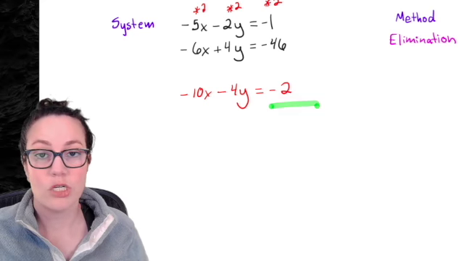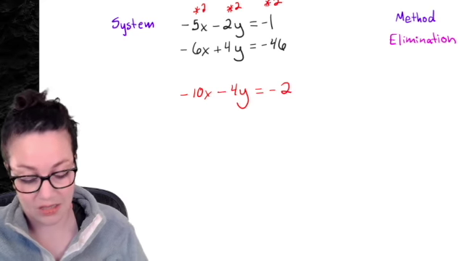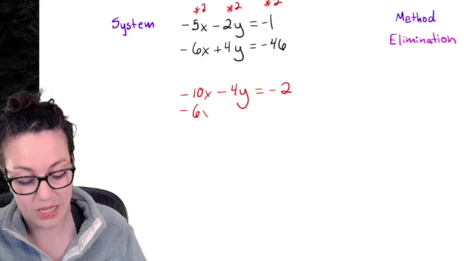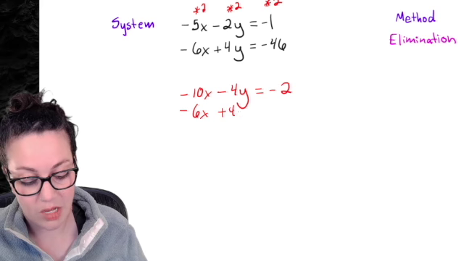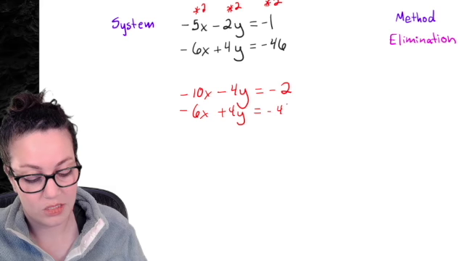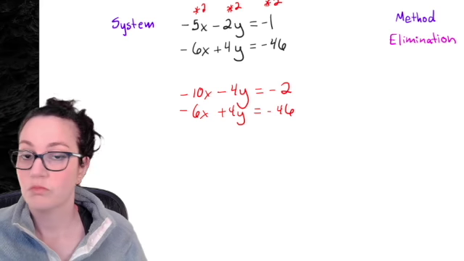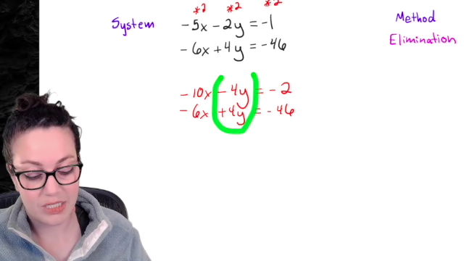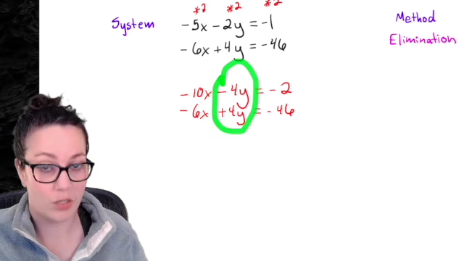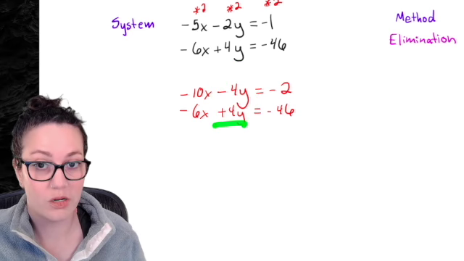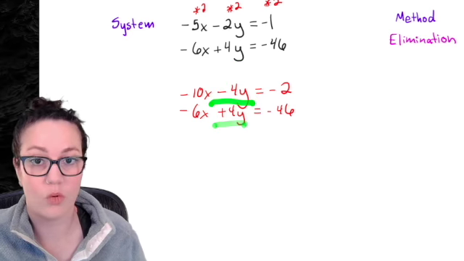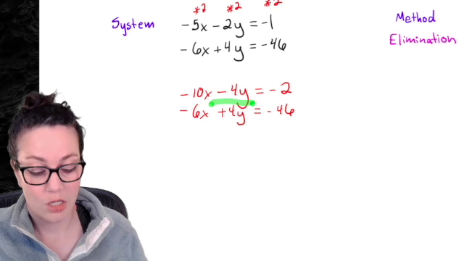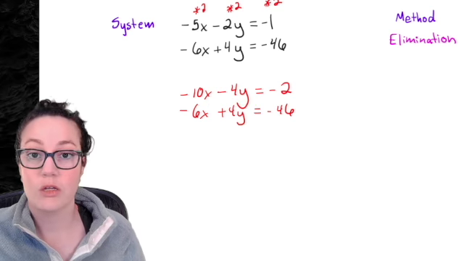My second equation, I'm just going to rewrite it exactly as it was. -6x plus 4y is equal to -46. Cool. Now I can see opposite coefficients on the same variable. We've got +4y in the second equation and -4y in the first equation. So we are ready to eliminate.